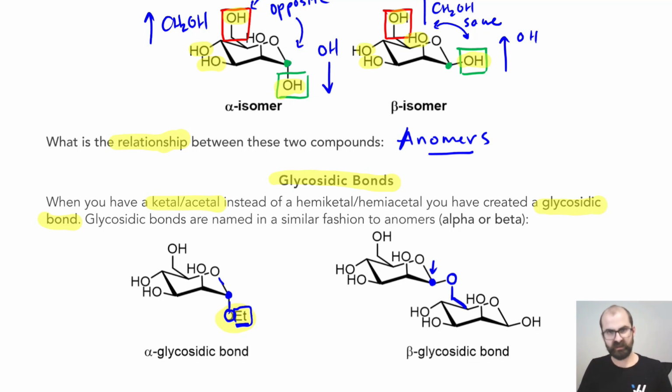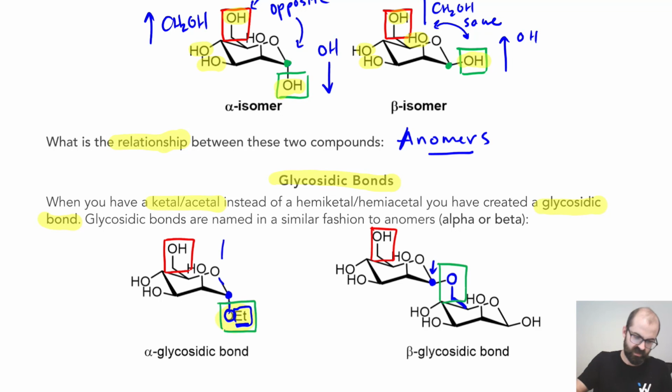Now we can assign glycosidic bonds the same way we assign anomeric carbons. So whether they're alpha or they're beta, we do the same thing. So again, I'll do in red my CH2OH, and in green I'm going to do my linkage. And in the first case, CH2OH is up.